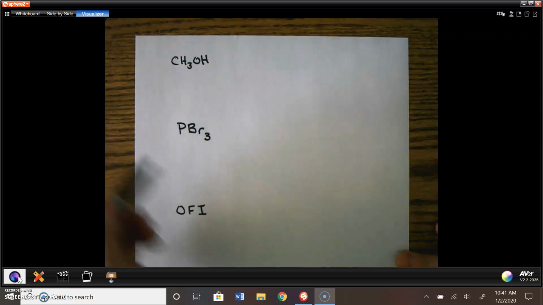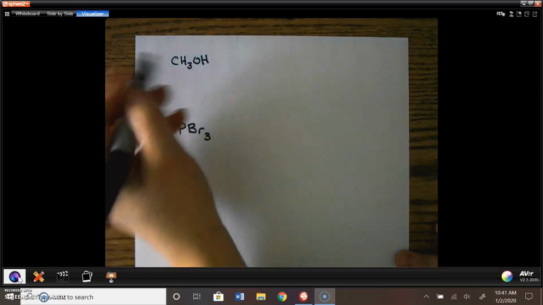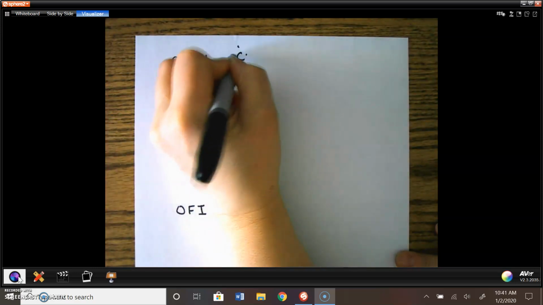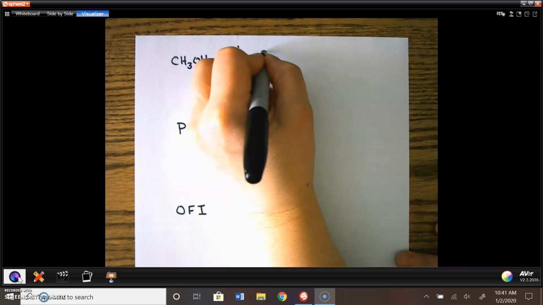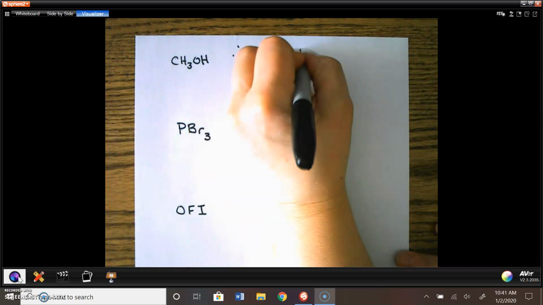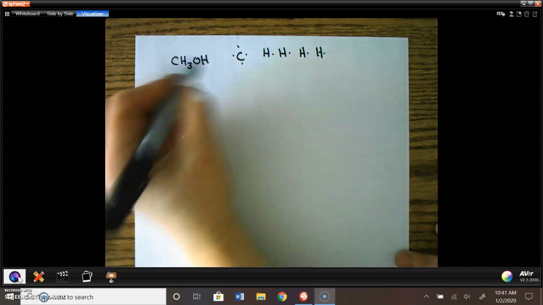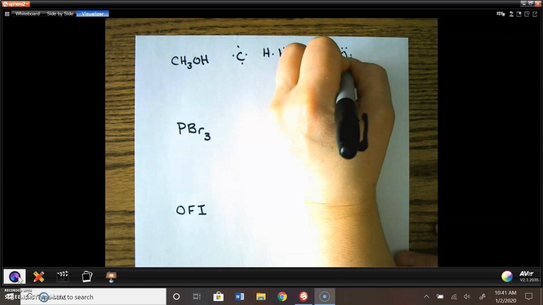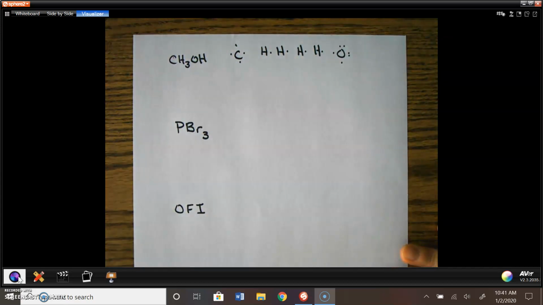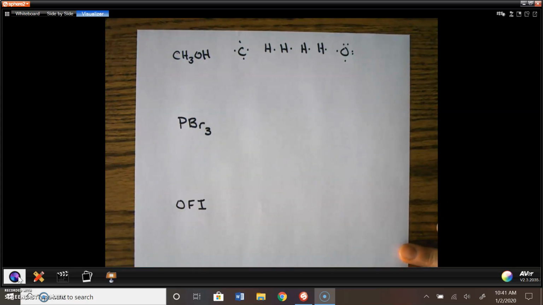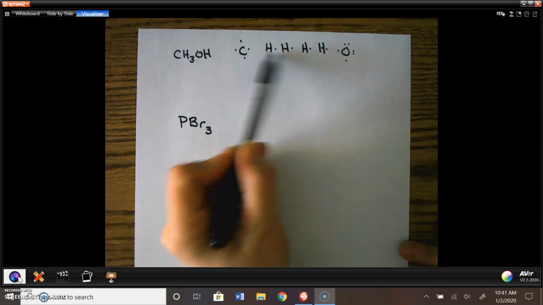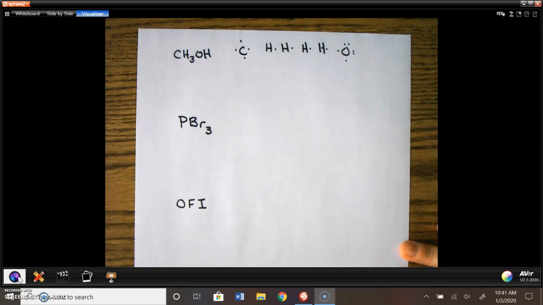All right, so hopefully you had a chance to work on these. So this one is a little complicated. Carbon needs 4 bonds. Each hydrogen, of which there's technically 4, and then an oxygen only needs 2 bonds. So it turns out that we don't have just one central atom. If I bond all 4 hydrogens to this carbon, there's no place for oxygen.